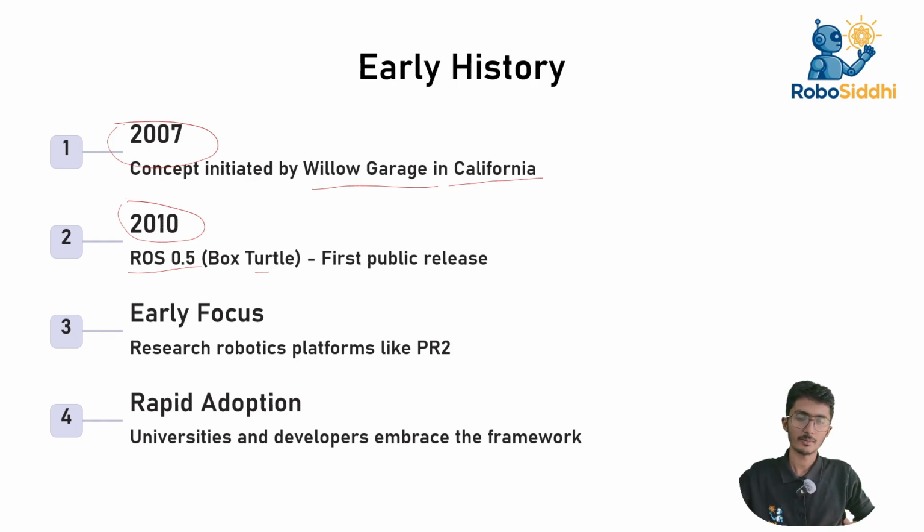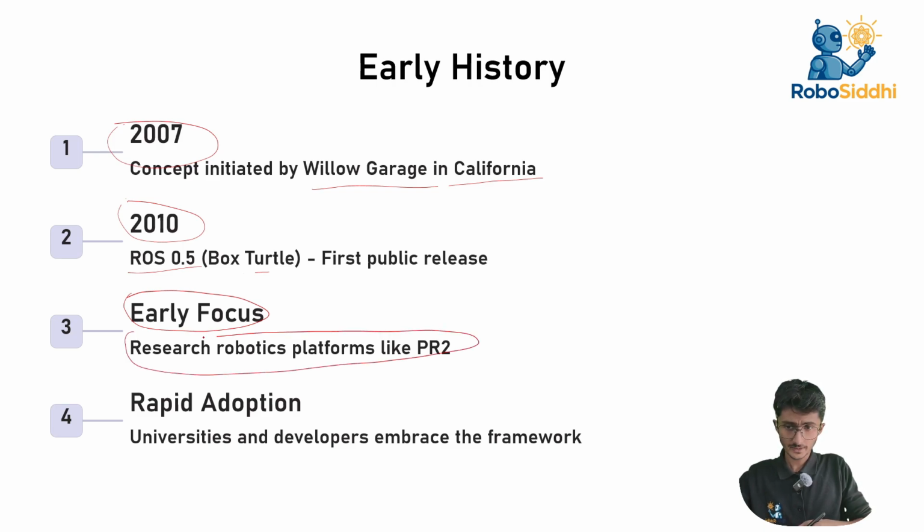It was available commercially. Then, after 2010, they began the research on PR2. PR2 was a robot. If you search for PR2, you will find a robot.